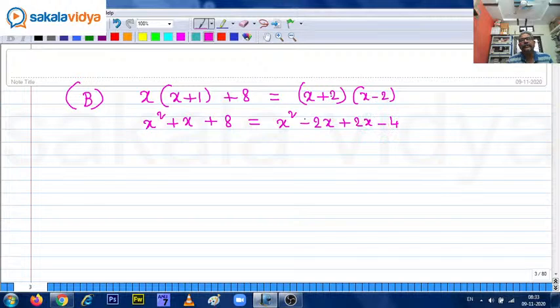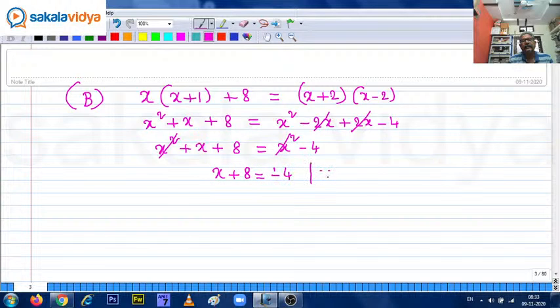Otherwise, a plus b into a minus b is a square minus b square. The first and last terms we get, and minus 2x plus 2x cancel. This is x square plus x plus 8 equals x square minus 4. If you bring x square over, it will be negative, so x square cancels. We have x plus 8 equals minus 4.